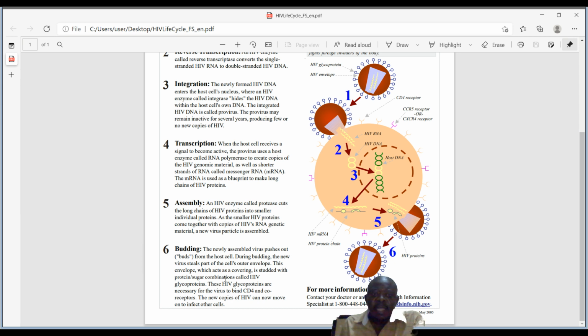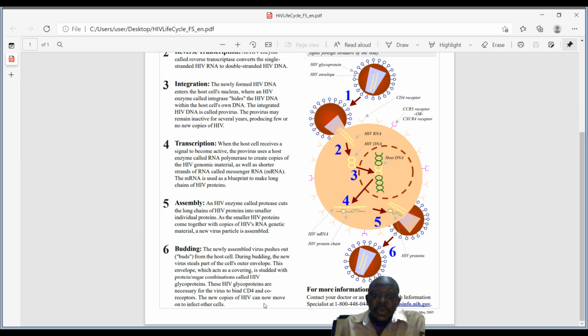This envelope, which acts as a covering, is coated with a protein and sugar combination called HIV glycoproteins. These HIV glycoproteins are necessary for the virus to bind to CD4 receptors and the co-receptors.